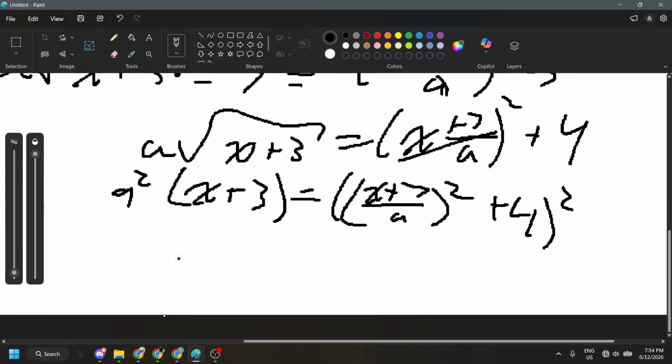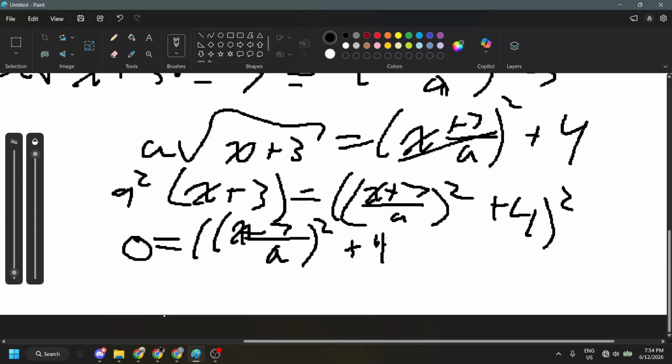So 0 is equal to (((x + 7)/a)² + 4)² minus a²(x + 3).